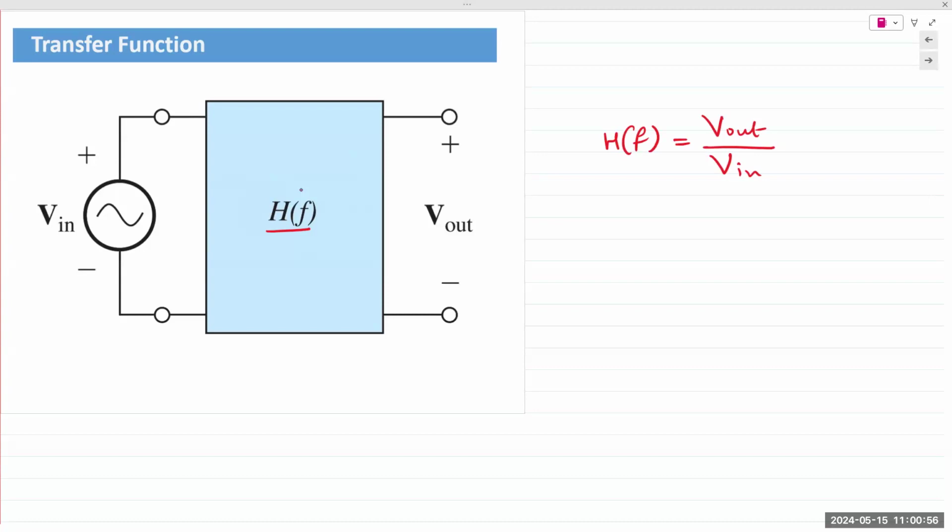V out and V in are phasor representations of your input and output voltages. Hence, H of f is also a complex quantity. It has magnitude and it has phase. It's a ratio of voltages, so it is dimensionless. It has no units.